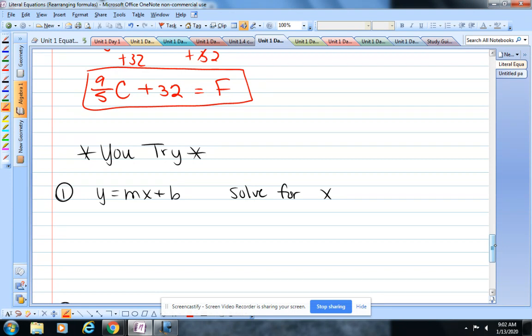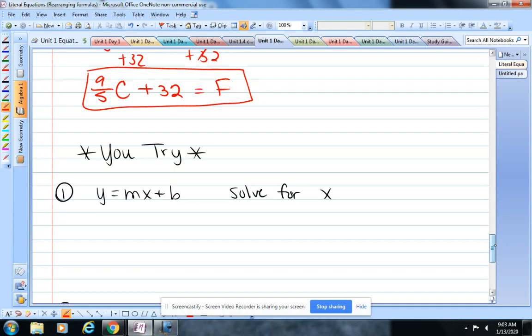Pencil's moving. No, you don't move Y, you're moving to the Y. You're moving everything away from the X. So you're moving everything to the Y side.